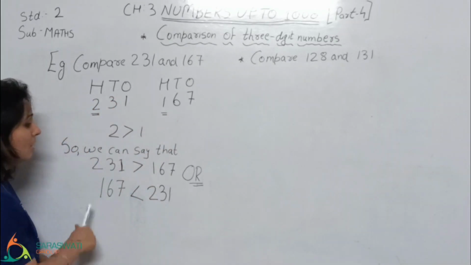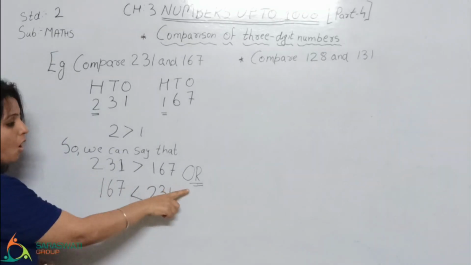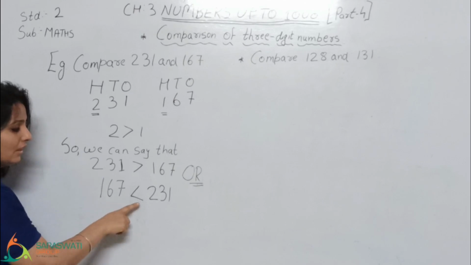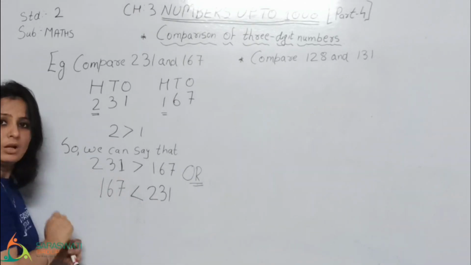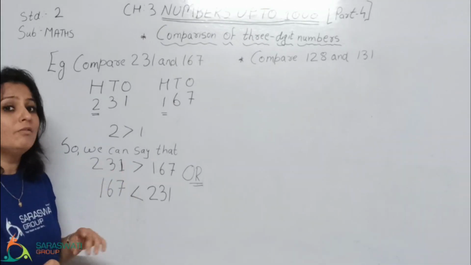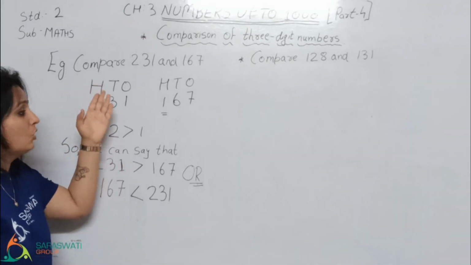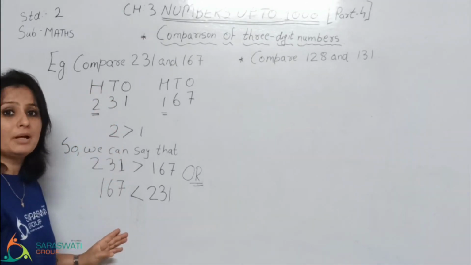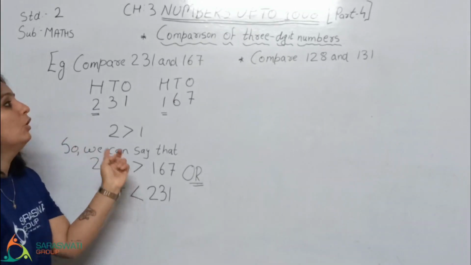So you can say 231 is greater than 167 or 167 is less than 231. Right, children? I hope you are clear with it. First of all, we have to start comparison from hundreds place. तो इस क्वेश्चन में हमने कहाँ से comparison start किया? Hundreds place.